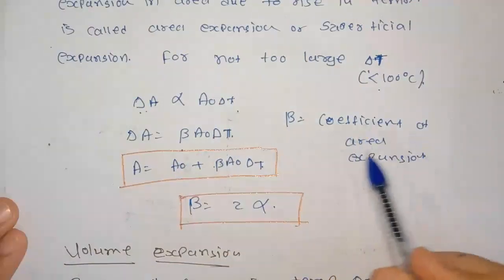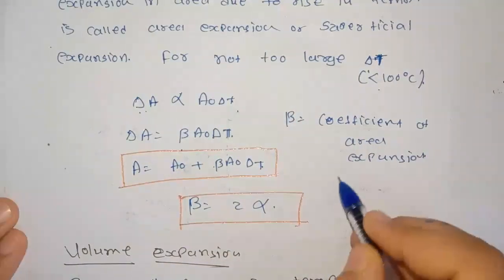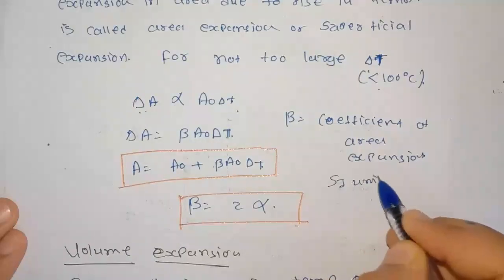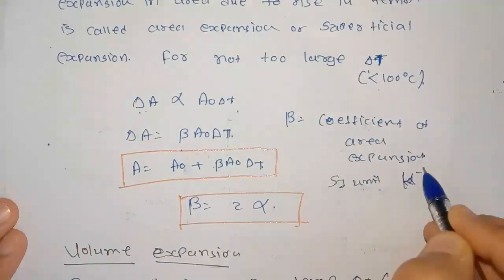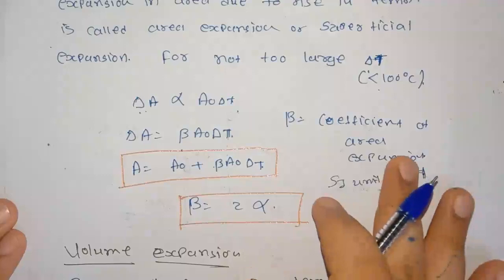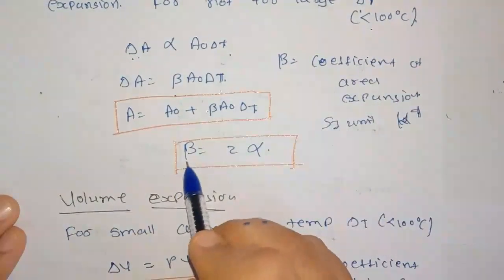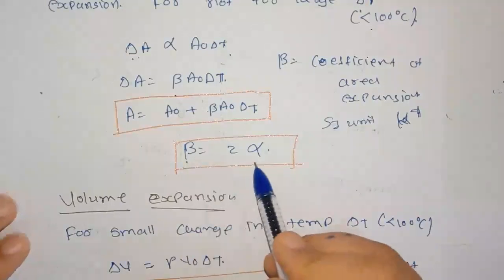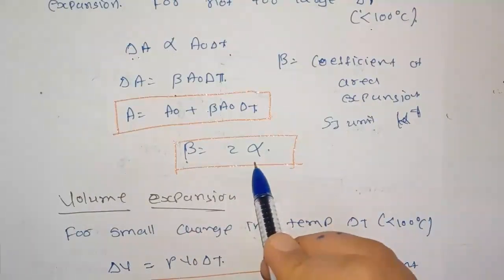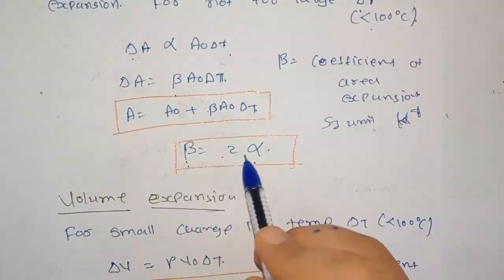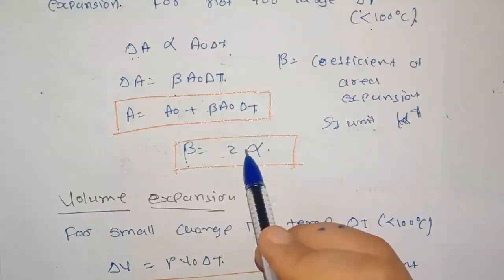Beta is the coefficient of area expansion. The SI unit is again Kelvin inverse. For small changes, we can write the relation between the coefficient of areal expansion and the coefficient of linear expansion as beta equals 2 alpha.